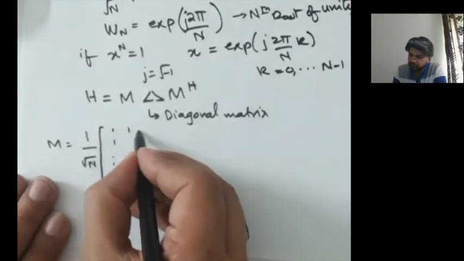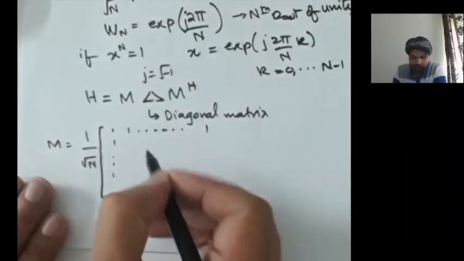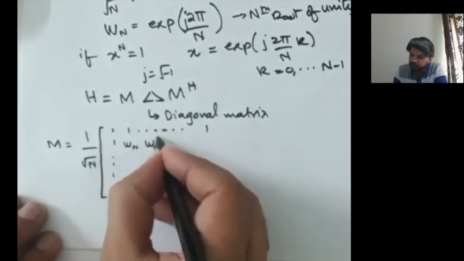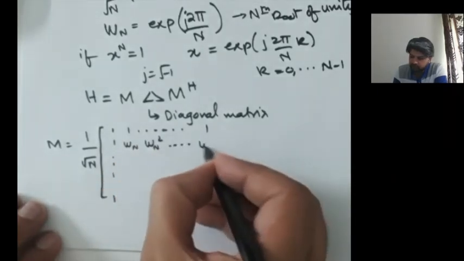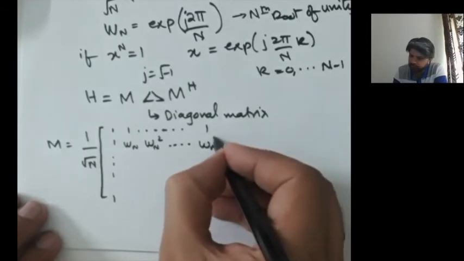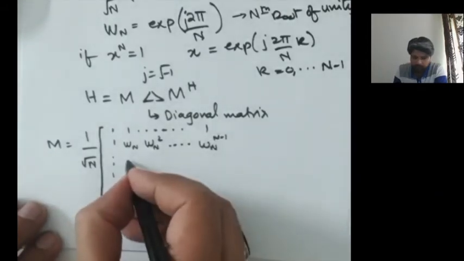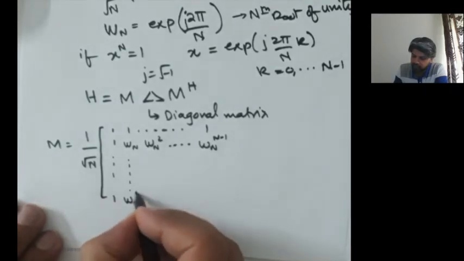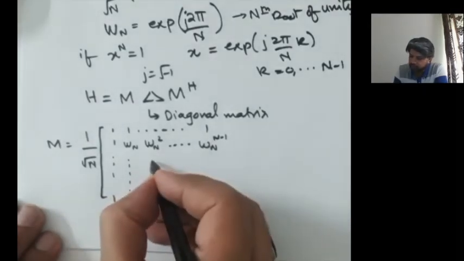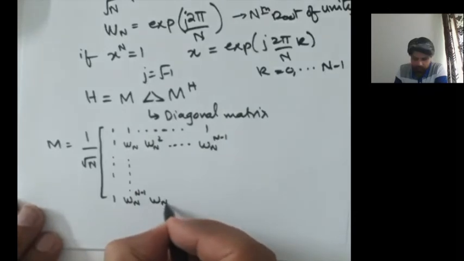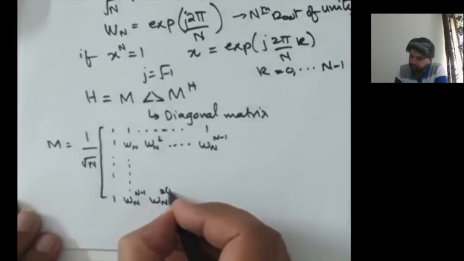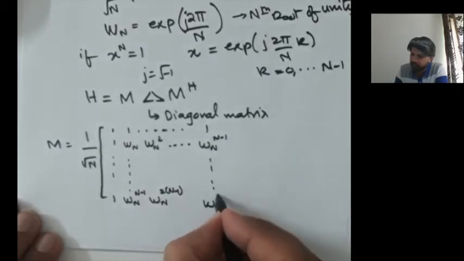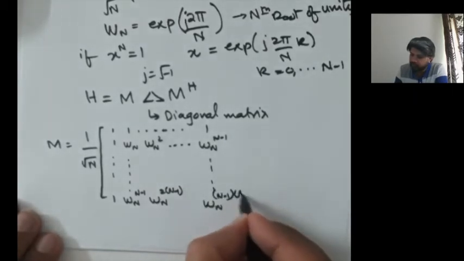The first row would also be 1. And then you would have Wn here, Wn to the power 2 here, Wn to the power n minus 1 here, and then you would have Wn to the power n minus 1 here, and Wn to the power 2 times n minus 1 here, and Wn to the power n minus 1 times n minus 1 here.